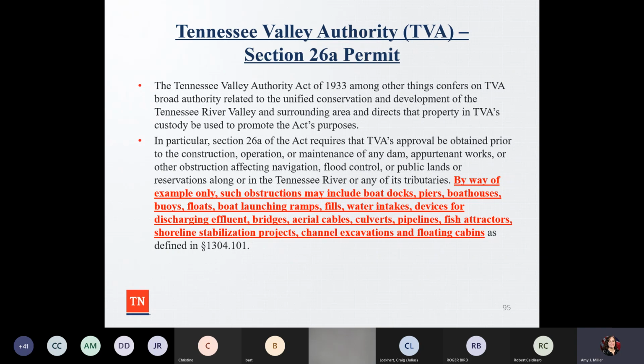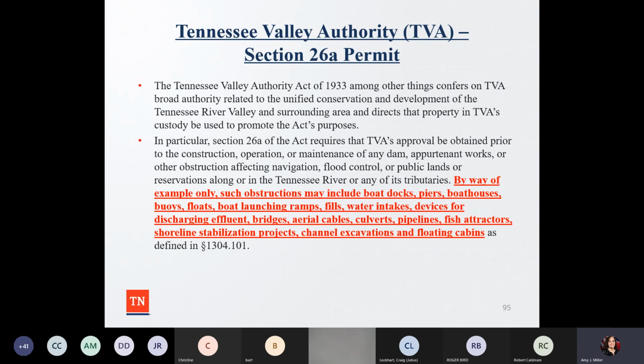With your flood damage prevention regulations, you're enforcing those regulations in the incorporated and unincorporated parts of your community, depending upon if you're a city, a county, or a town. And if there's any kind of development along a floodplain that's designated on your flood insurance rate map, it has to get a floodplain permit. But also, if it's along the TVA property, it should be getting a Section 26A permit.